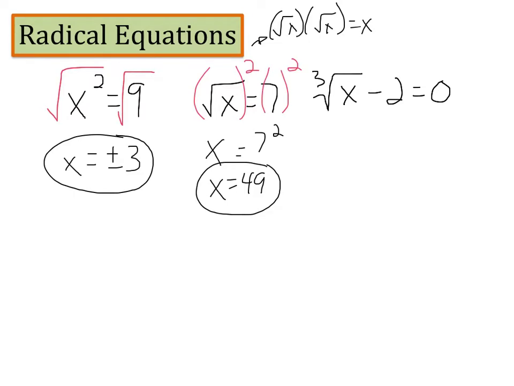For a third problem, we have the cube root of x minus 2 equals 0. So we have to isolate the cube root of x and move 2 to the other side. Now I want to get rid of this radical symbol, so I'm going to raise both sides to 3.